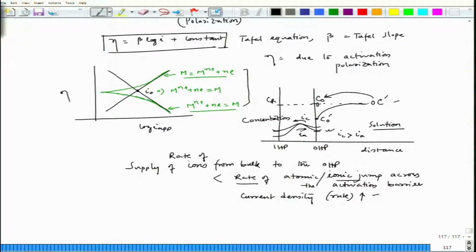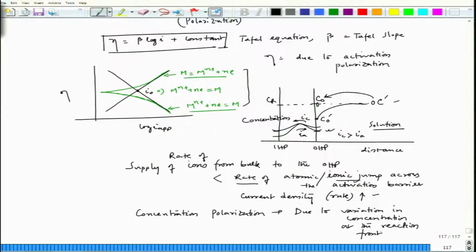So, in that situation we would come across another type of polarization, which is called concentration polarization. This is due to variation in concentration at the reaction front, and that happens at a very high activation current density, because if it is a low current density, the rate of atomic jump is a little low.